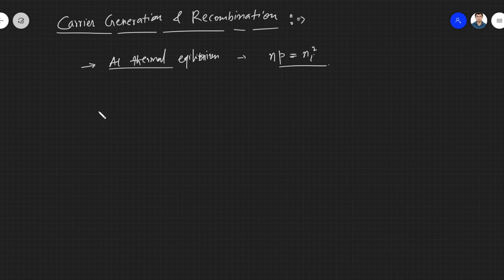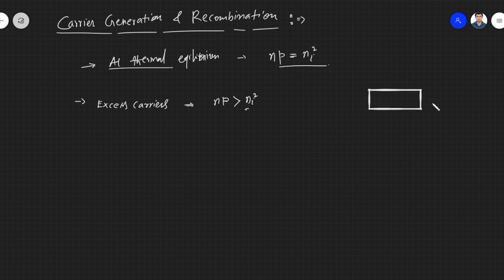and this equation will not hold anymore. At that situation, when there are excess carriers in the system, the concentrations of electrons and holes will be much higher than the intrinsic concentration, because we are considering that there is a generation possibility. Let's say a simple piece of gallium arsenide, not even a junction.